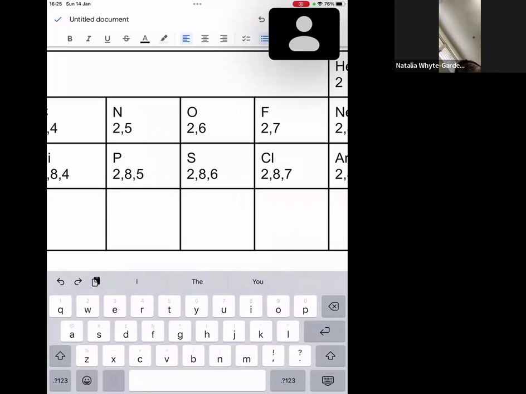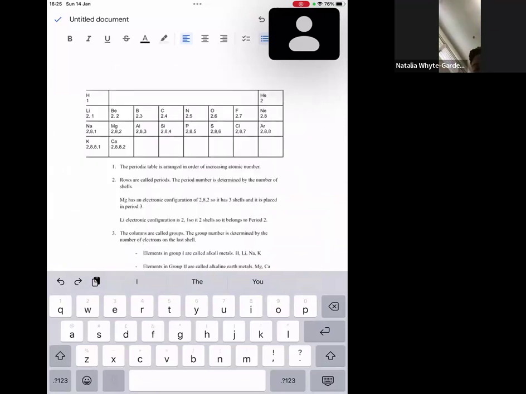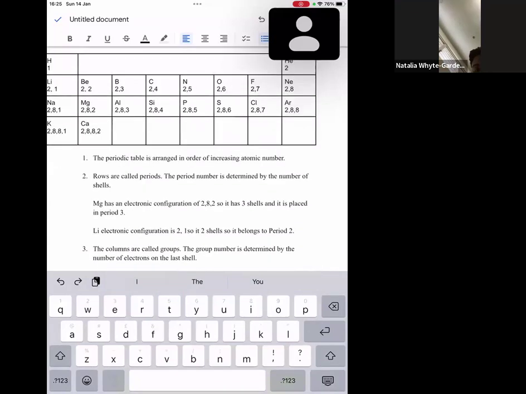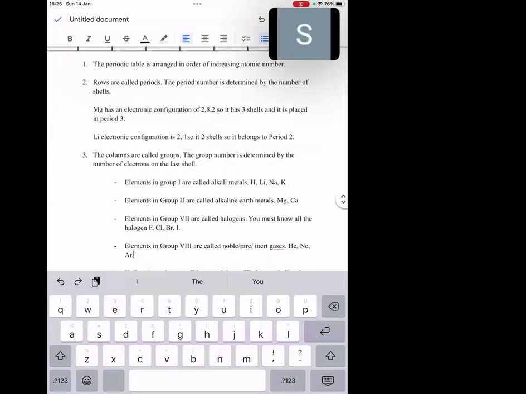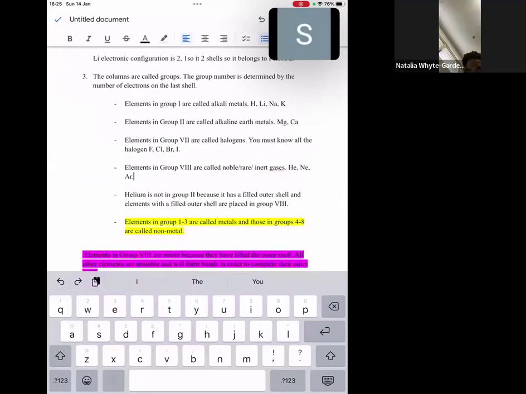We need to remember those 4. So it's not just the ones in the first 20 elements. We need to remember the additional 2, which are bromine and iodine. Elements in group 8, helium, neon, argon. Is this clear? Yes. So you need to memorize those.